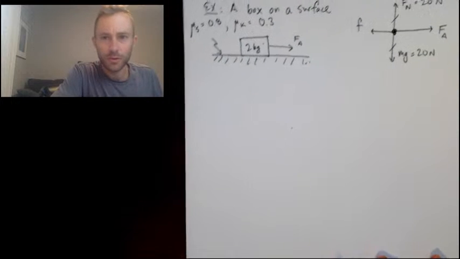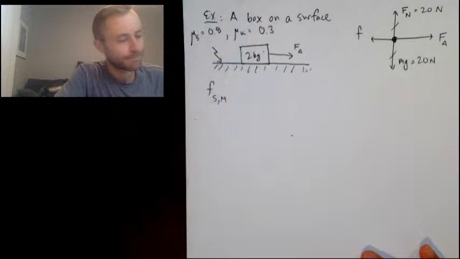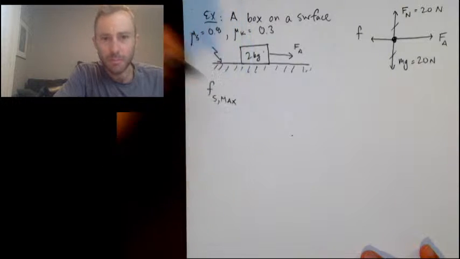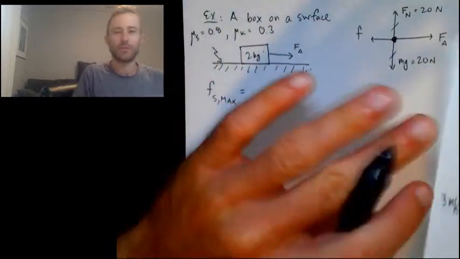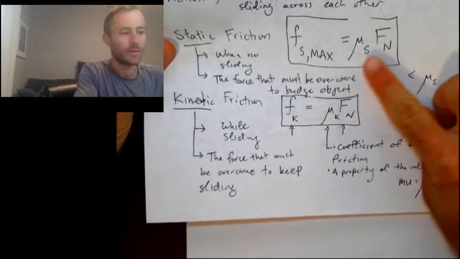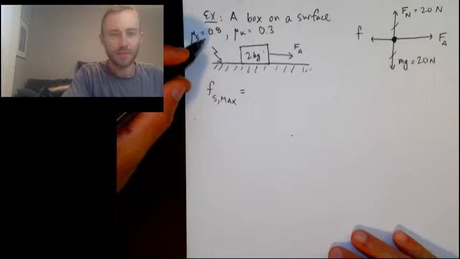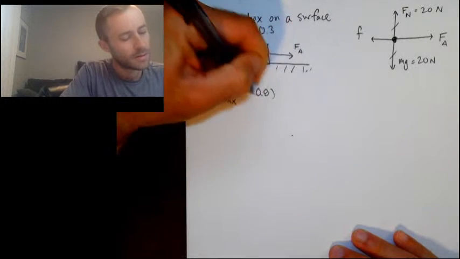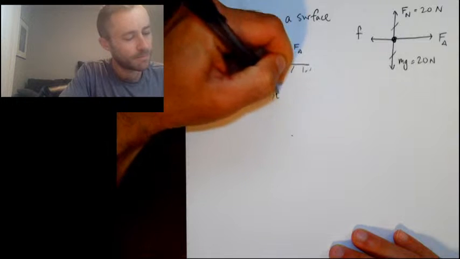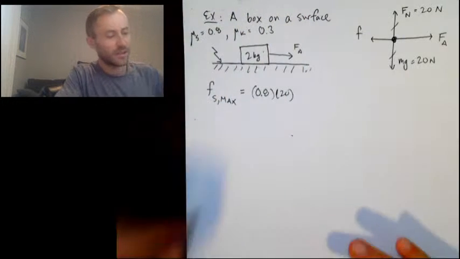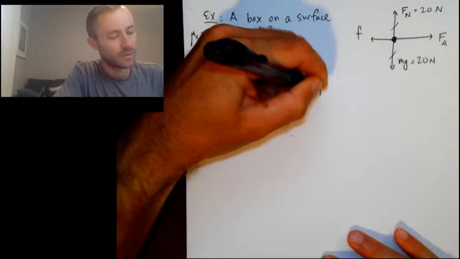Once we know the normal force, we can calculate the maximum static friction. The maximum static friction is going to be mu sub s times normal. So mu sub s is 0.8, the normal force is 20. So the maximum static friction is 16 newtons.